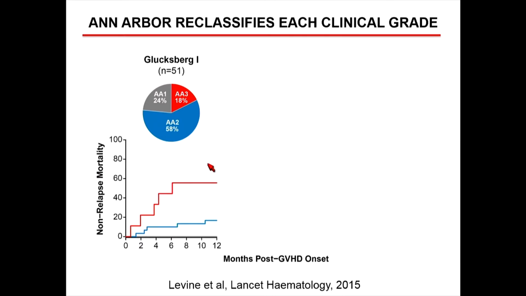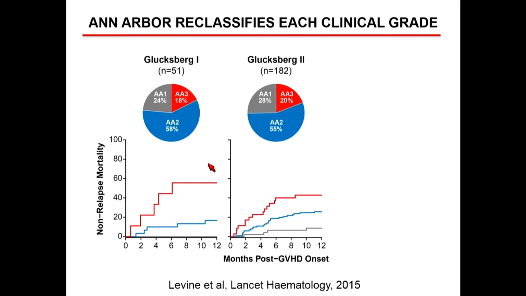This same proportion of patients appeared also in the Glucksberg 2, so this is mild diarrhea as well as a more severe skin rash or liver disease. What you see is that we have approximately the same proportion of patients. Slightly more than half are in the intermediate group, a quarter are in the low-risk group, and about 20% in the high-risk group.